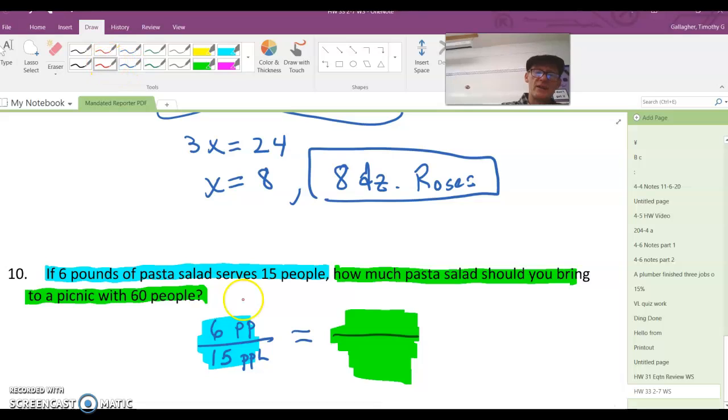Again, we're going to make sure we put the pounds of pasta on the numerator and the people in the denominator. So this question says, how much pasta should you bring with 60 people? So the 60 goes down here. People. And then x pounds of pasta, LB.